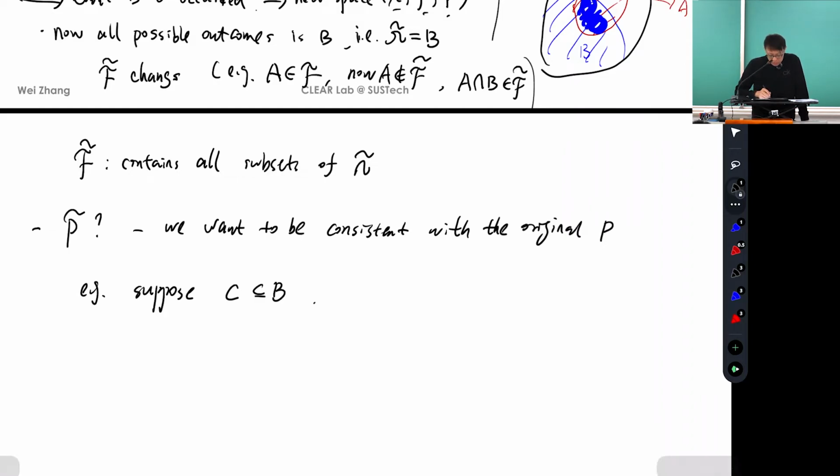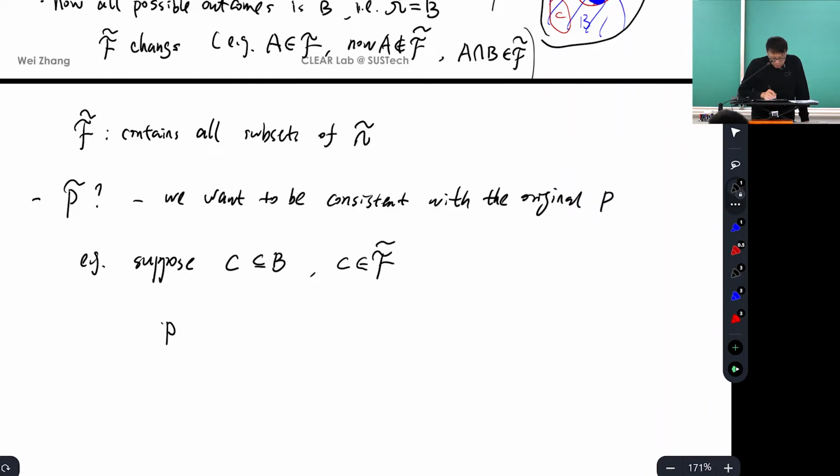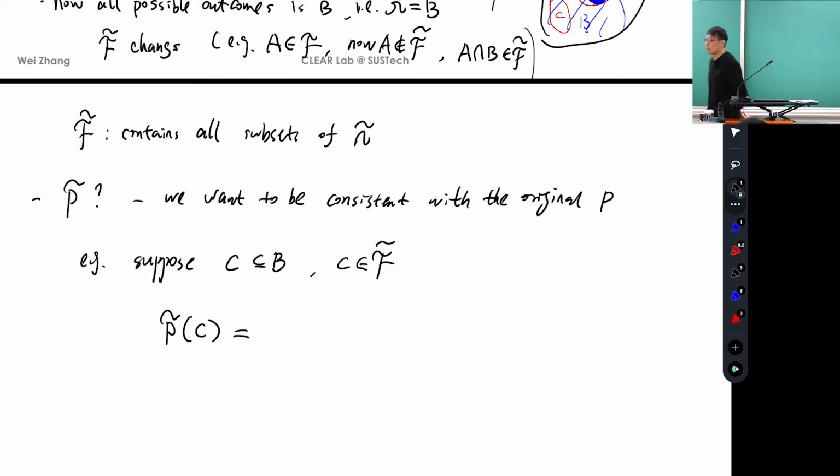C is a subset of B, so C must be an element of F tilde now, okay? C is somewhere, let's say this is C. Originally C is a subset of B. What do you think I should assign as the probability of C? Why is C an element of F tilde? Because it is a subset of B. Is B an element of F? Yes.